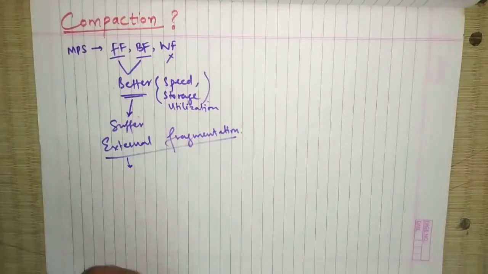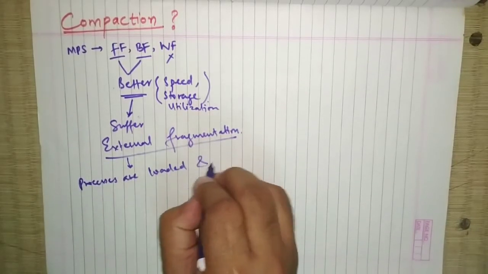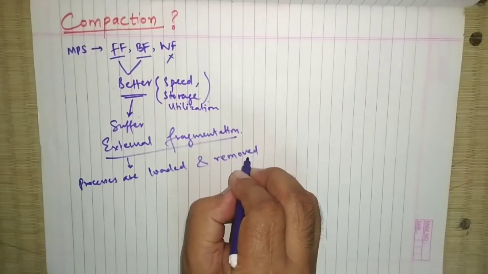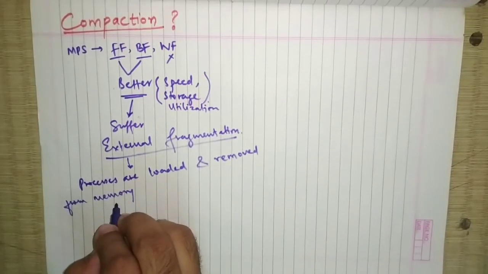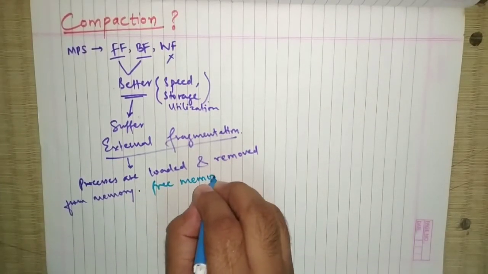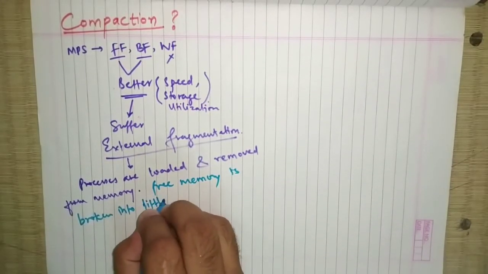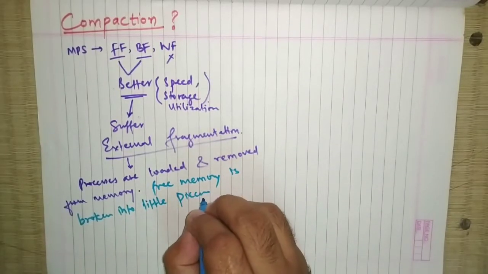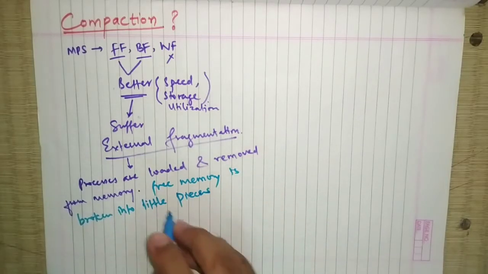As processes are loaded into and removed from memory, the free memory space is broken into little pieces. So this is external fragmentation.